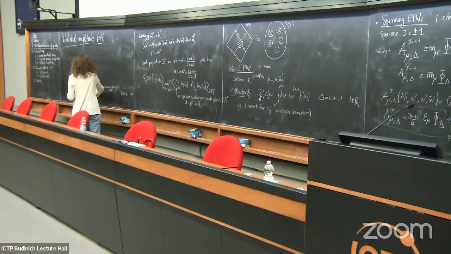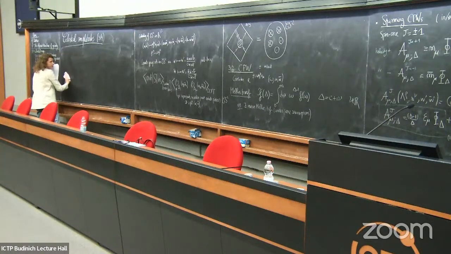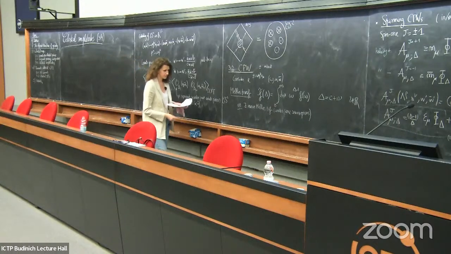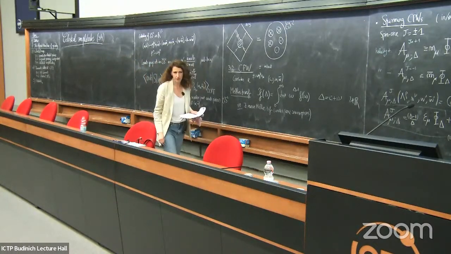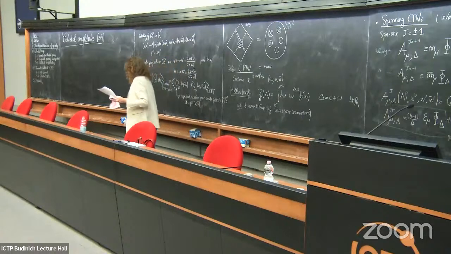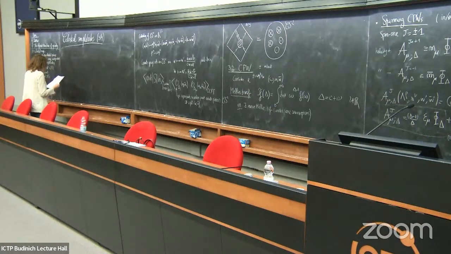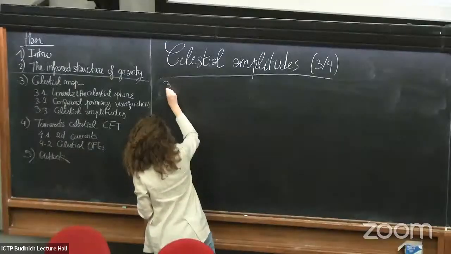Good, so in the last 7 minutes, we can finally define what a celestial amplitude is. We have already encountered it, but okay. So a celestial amplitude, 3.3.